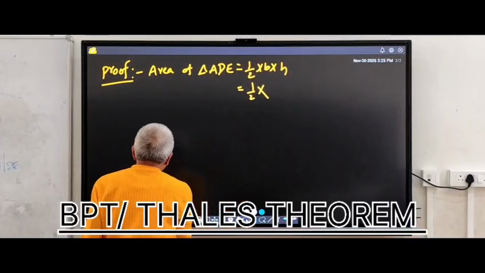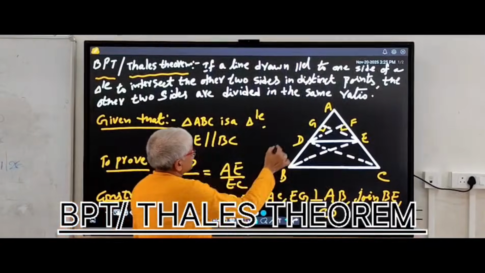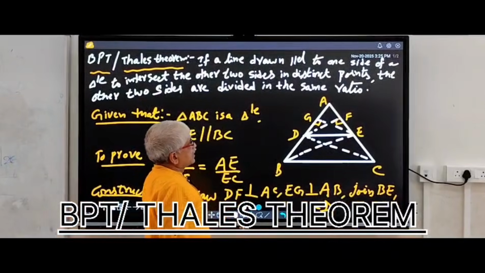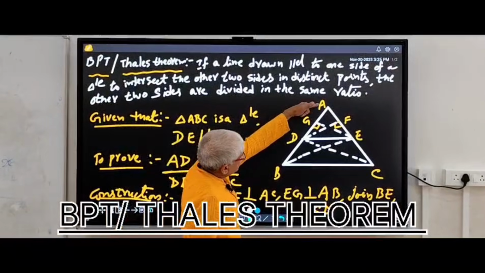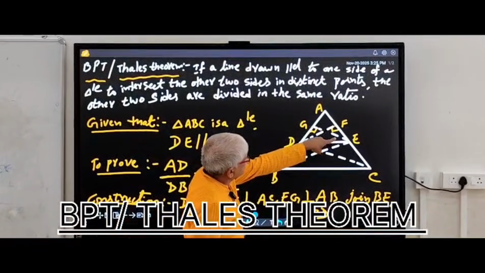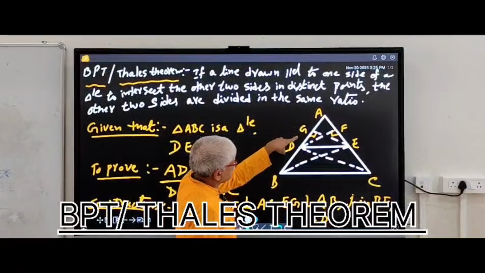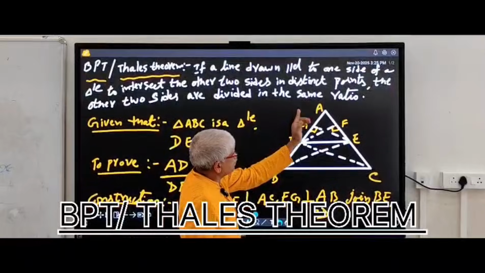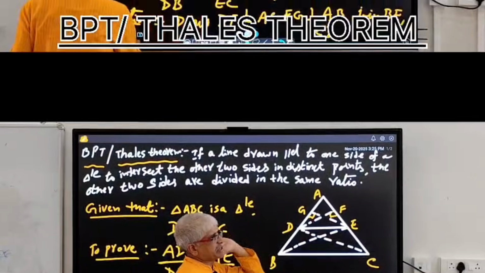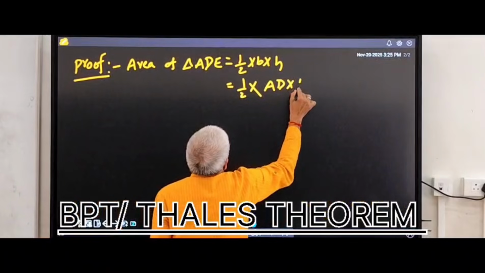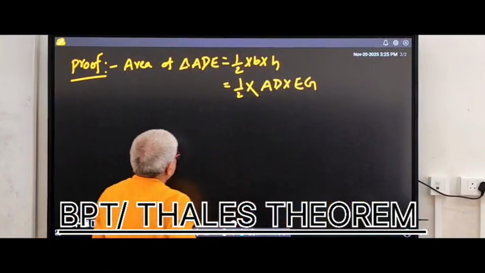In ADE, what is the base? Where is the height? Height is EG. So, EG is making 90 degrees with AD. So, AD must be base and EG must be height. So, half AD into EG.